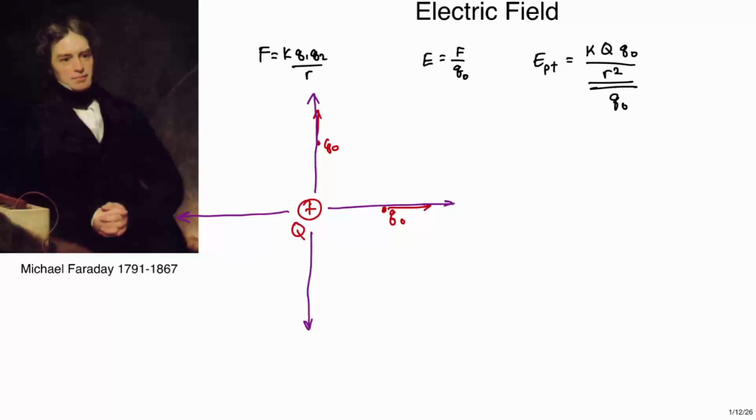So mathematically, what happens to the magnitude of the test charge? It goes away. Which means that the electric field of a point charge is just K times whatever charge is causing the field, divided by how far away you are from that charge, squared. The simplification here is that we have removed one of the charges. The test charge doesn't matter.